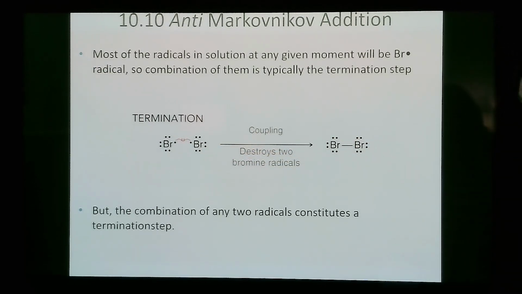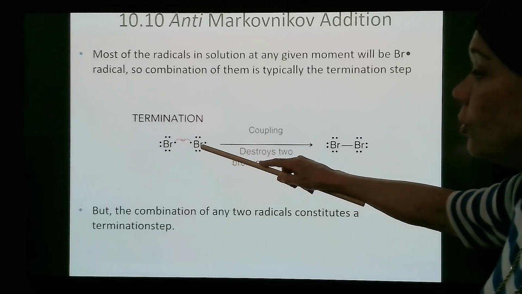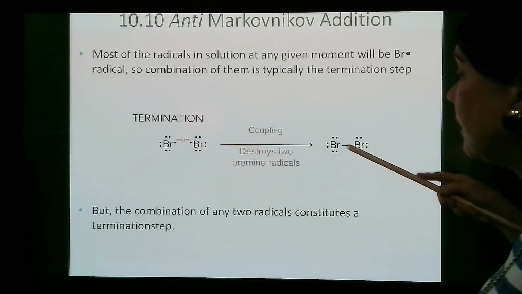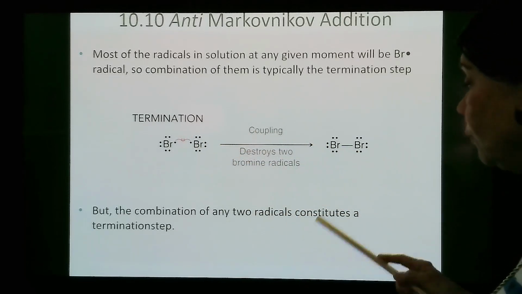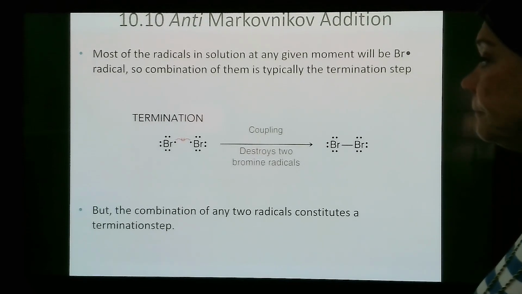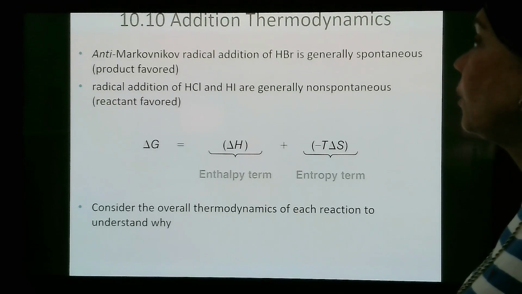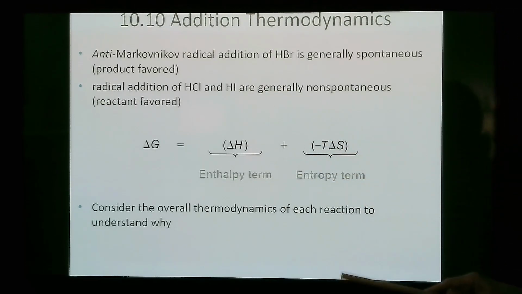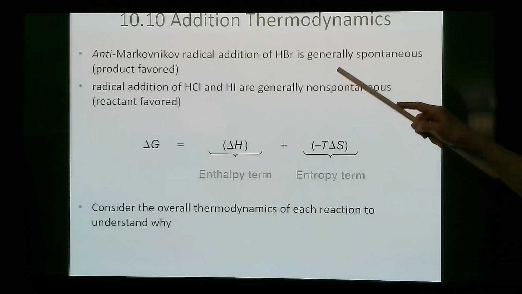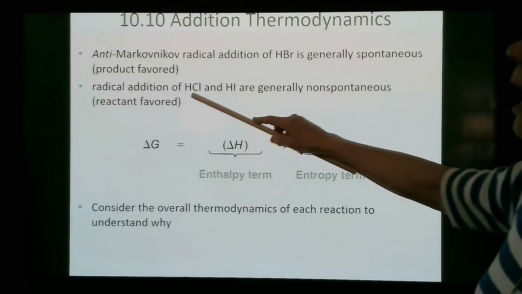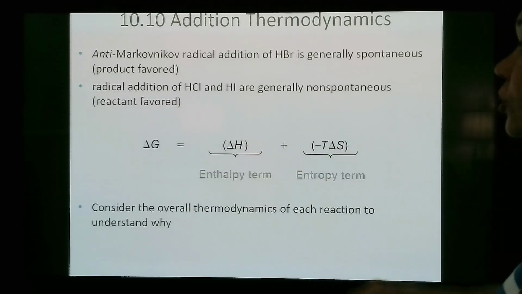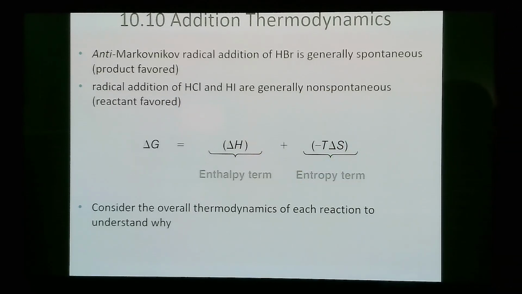Anytime you have two radicals reacting with each other, that gives you the termination step. Here we have the anti-Markovnikov radical addition of HBr, which is generally spontaneous. The radical addition of HCl and HI are generally not spontaneous.